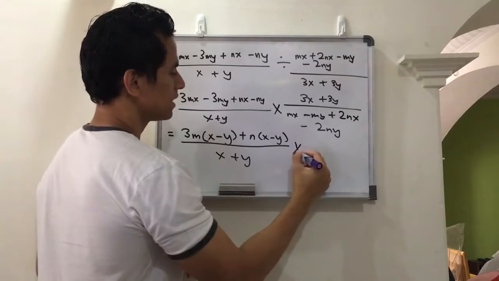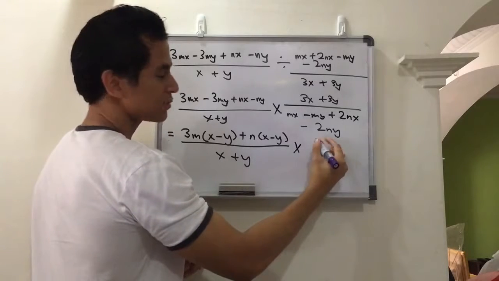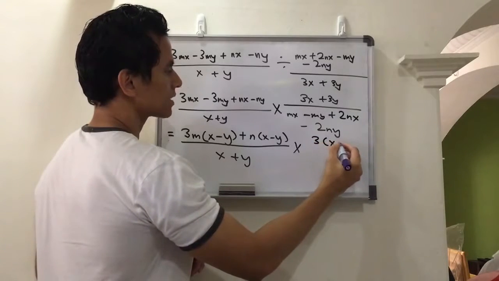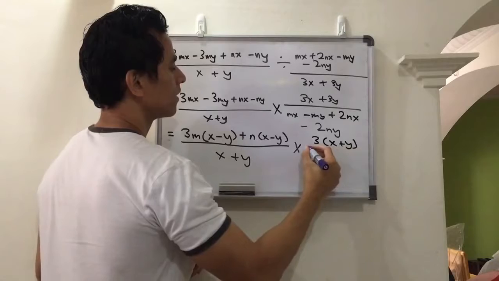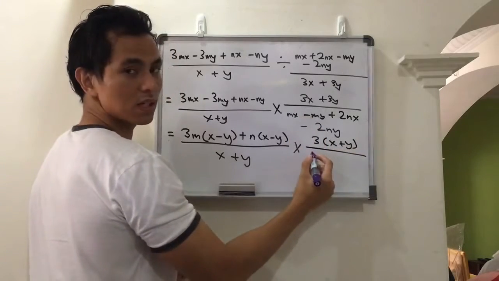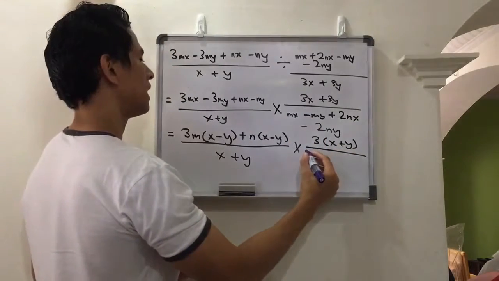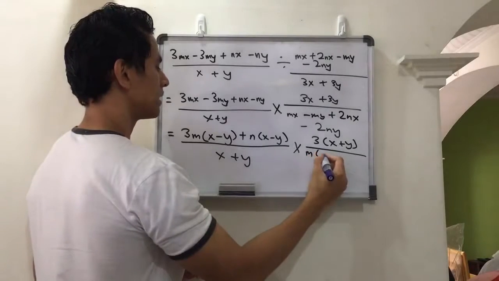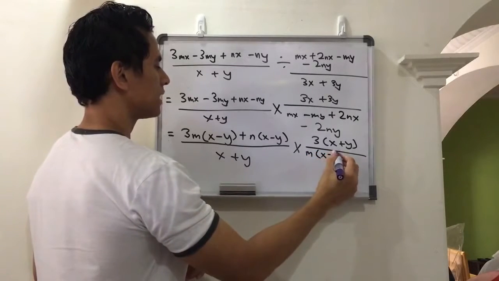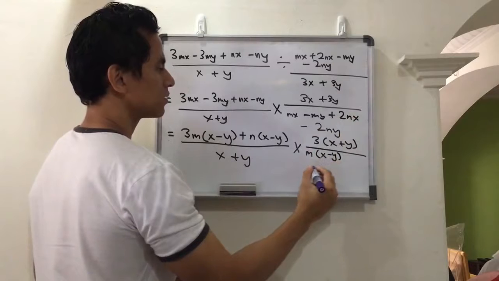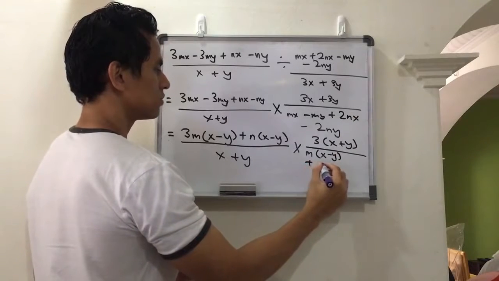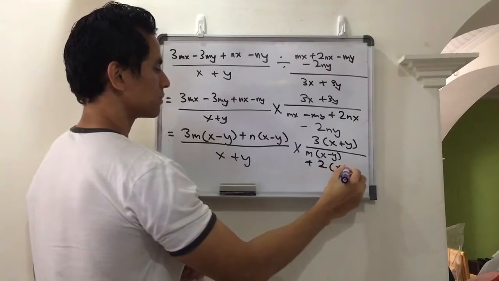We're going to do something similar, and here, as I said, I'll just pull out the 3, giving us x plus y. Here, in the denominator, I'll pull out the m, I get x minus y, and here I pull out a 2, so I get plus 2(x minus y) again.